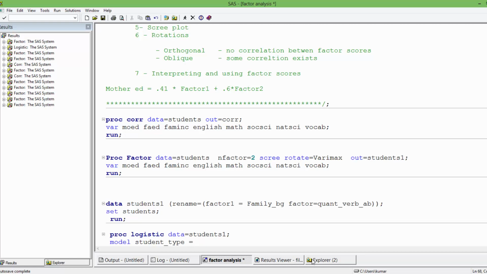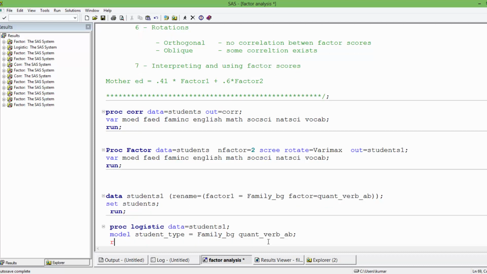Instead of using 8 variables now, I'll be using only the two factors: family background factor and the quant and verbal ability of the student.